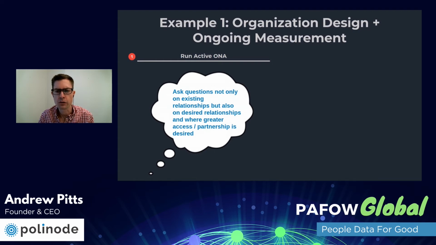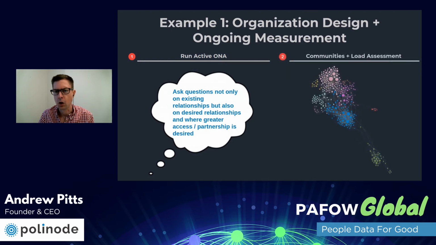Who do you want greater access to? Who do you want to work more with in order to inform that formal structure? Because ultimately, that's what we're doing when we're using ONA for the purposes of organization design. And so that's often the first step.